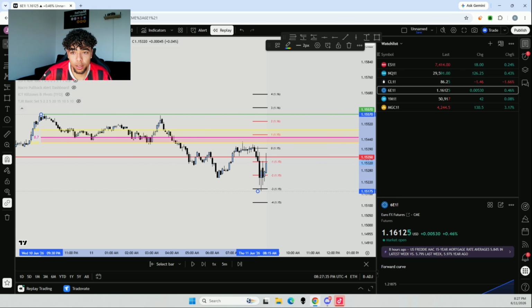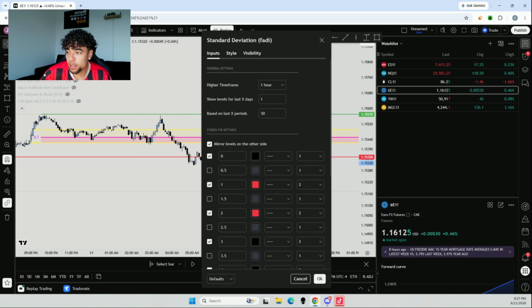And so this is the indicator. This is the name. And if you don't want to mark your standard deviation levels manually with the fib tool, I'm not gonna lie, this indicator is really accurate. When I go on other people's lives or just see how they're anchoring their standard deviation, the settings for this indicator are spot on.